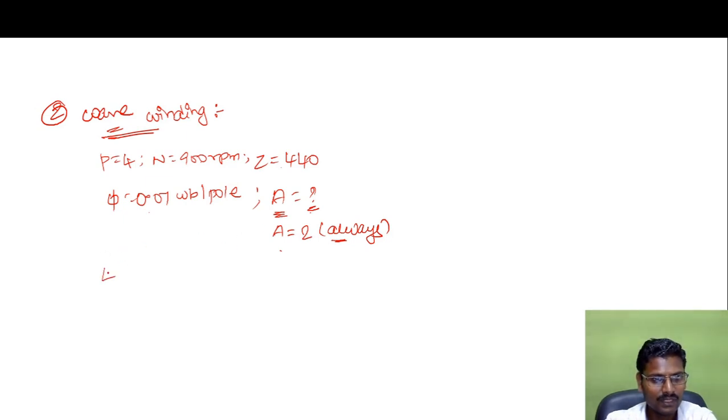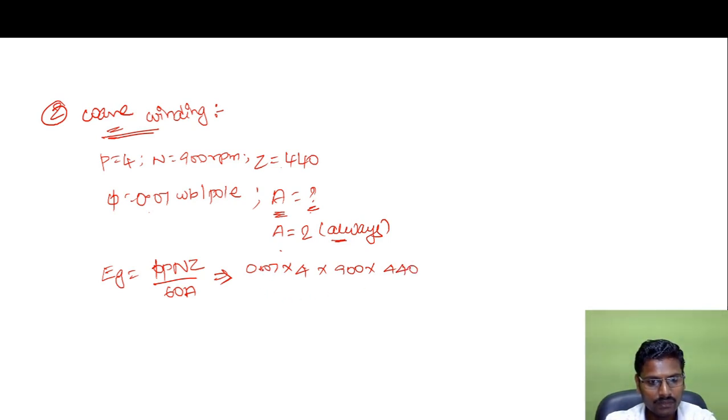So again, the generator EMF equation EG is equal to ϕPNZ divided by 60A, replaced by values: phi 0.07 into number of poles 4 into speed 900 into Z 440, the whole divided by 60 into A, where A is equal to 2.